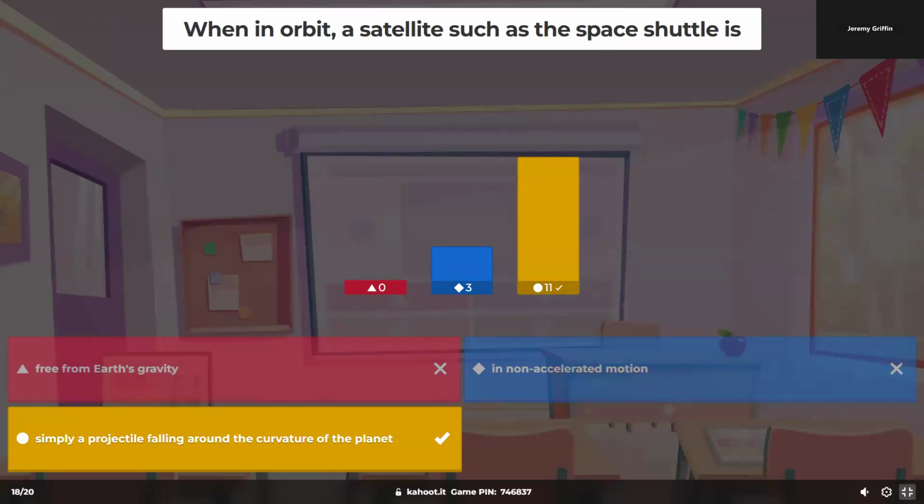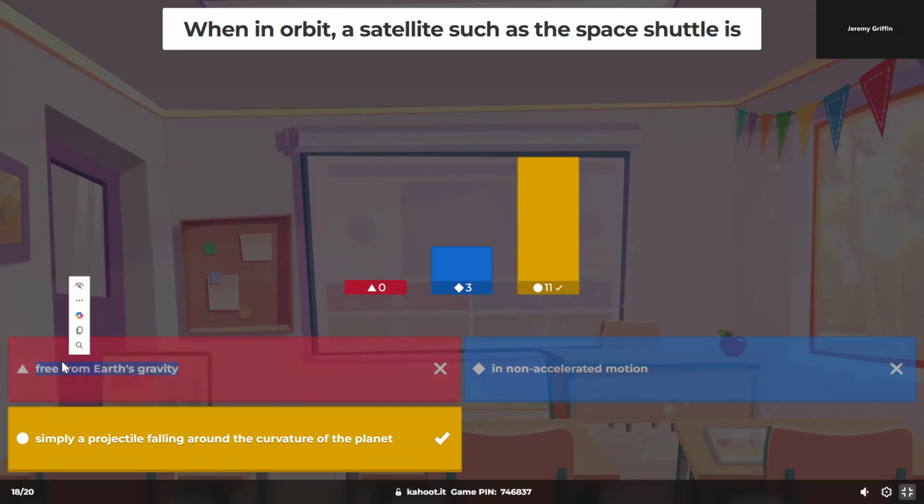So, guys, all these projectile puzzles we're doing, one of the simplifications I have not mentioned yet is we're assuming basically a flat terrain. But if you fire something fast enough to the side, it works out to about 8,000 meters per second. It's going so fast, it's actually falling around the curvature of the Earth. That'd be crazy fast, right? But yeah, that's true. Not free from Earth's gravity, because Earth's gravity actually keeps it in orbit.